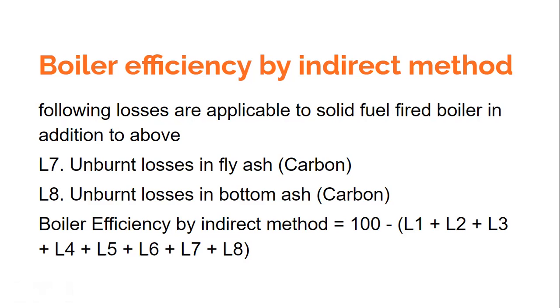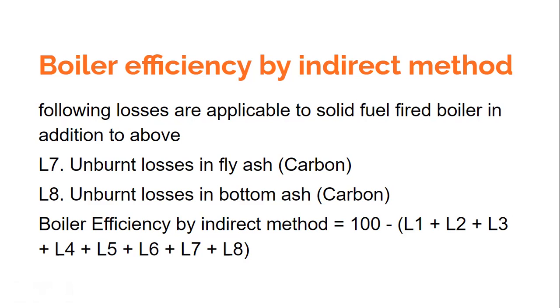But in this short video, what we discussed were these losses, that is L1, L2, L3, L4, L5, L6, L7, and L8. We need to calculate those losses as a percentage of the energy in the fuel. L1 percentage would be the energy which is lost upon the energy in the fuel supplied.